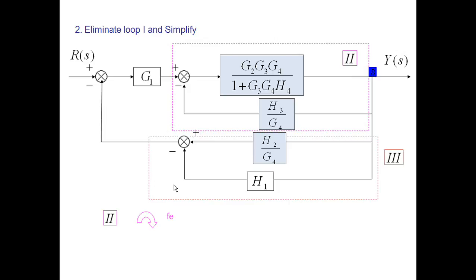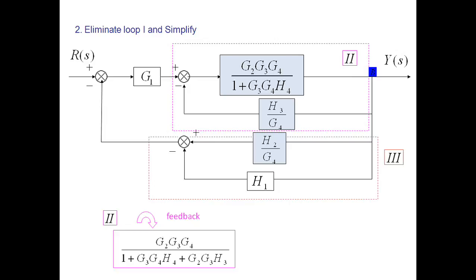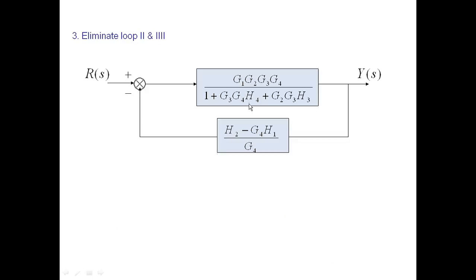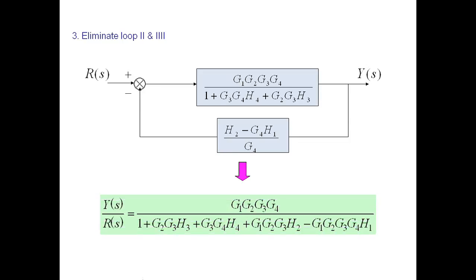If we convert into simplified feedback, we get this expression; just substitute both expressions over here. Then the simplified block diagram is a simple negative feedback loop, and the transfer function Y(s) upon R(s) is this. This is our final answer, which looks bulky, but as I said earlier, if we go step by step, there is no chance of getting a wrong answer.